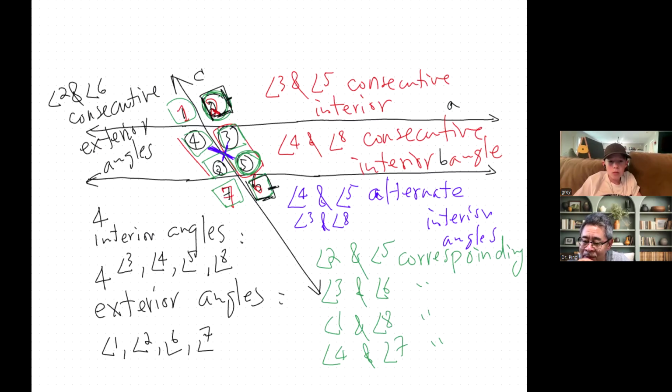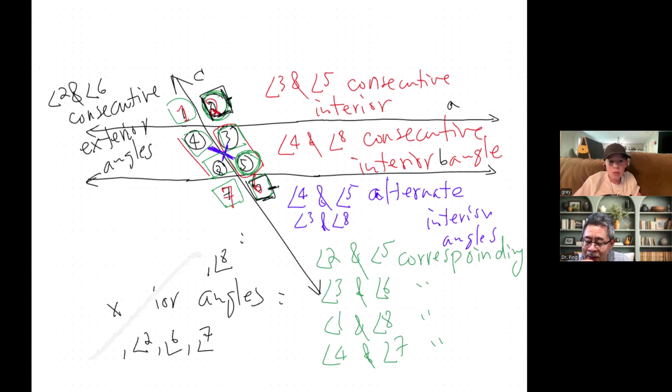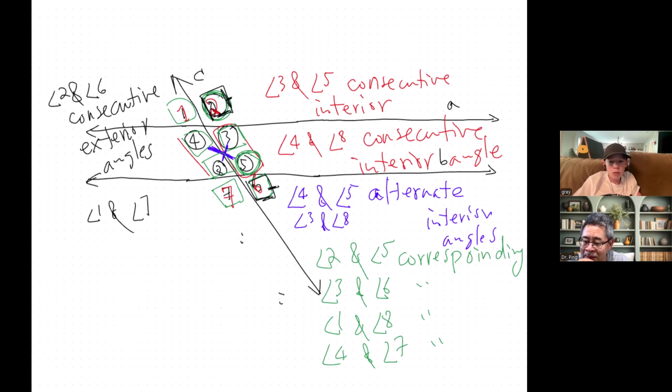So I'm going to give some room here. And also 1 and 7 are consecutive exterior angles because they are exterior angles on the same side. Okay.